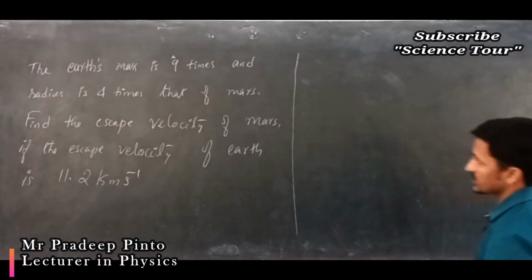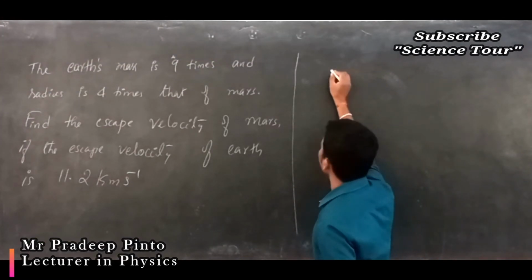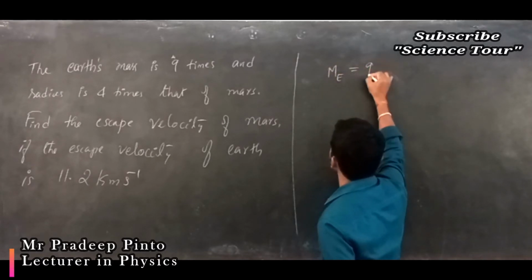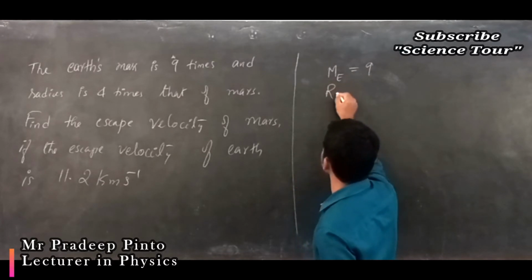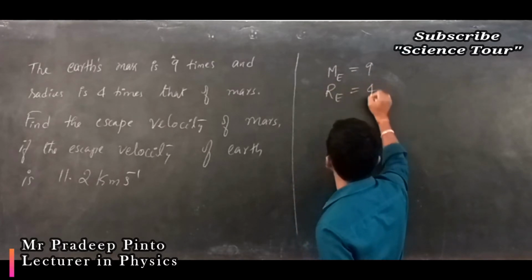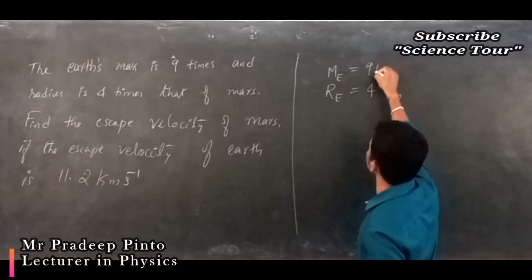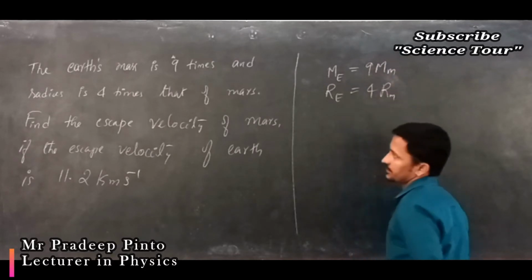In the problem it is given that the earth's mass is 9 times, and the radius is 4 times, that of Mars.